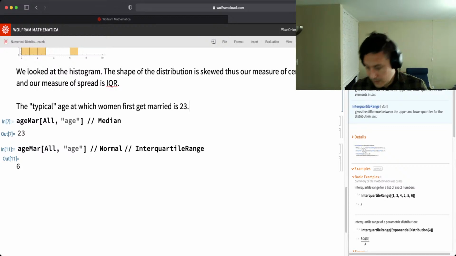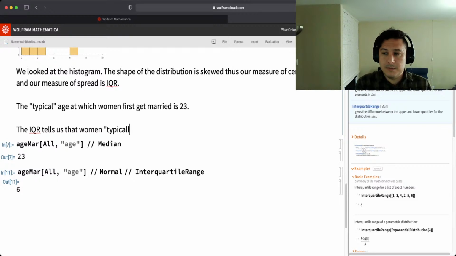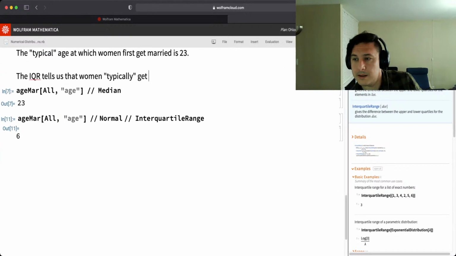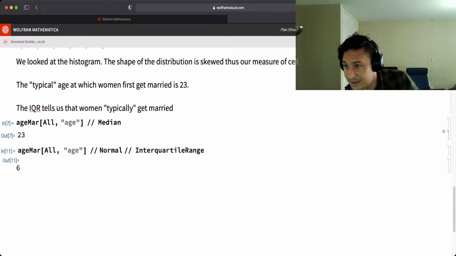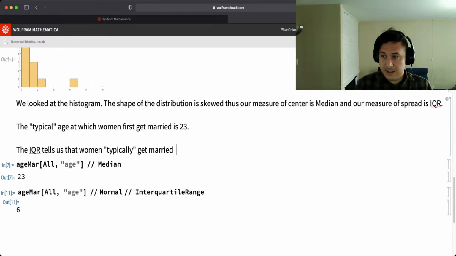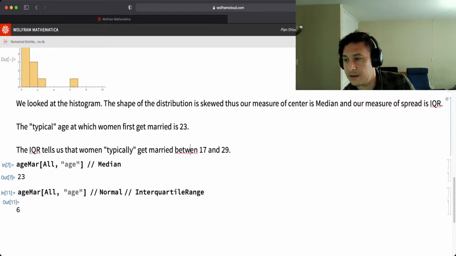So if you wanted a range of values, you could say the IQR tells us that women typically get married between, what's 23 minus 6? Yeah, between 17 and then 23 plus 6 is 29.